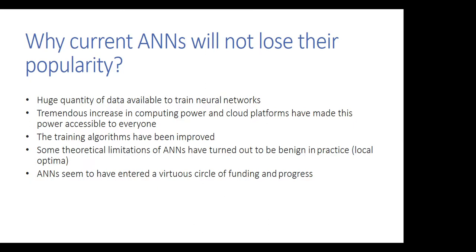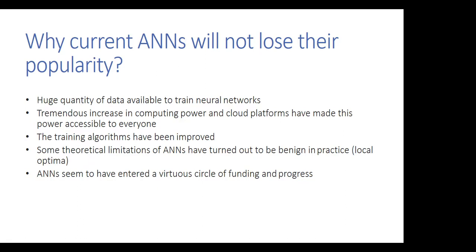And some theoretical limitations of ANNs have turned out to be benign in practice, such as the problem of local optima, because most people thought that ANNs would get stuck in local optima.